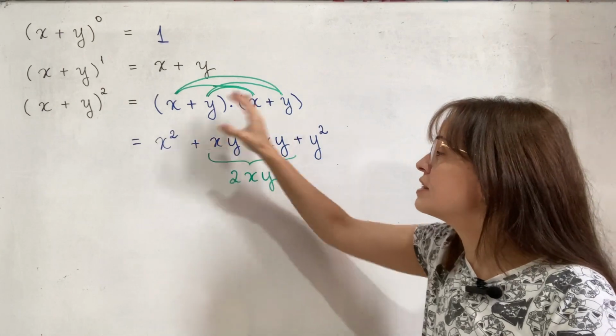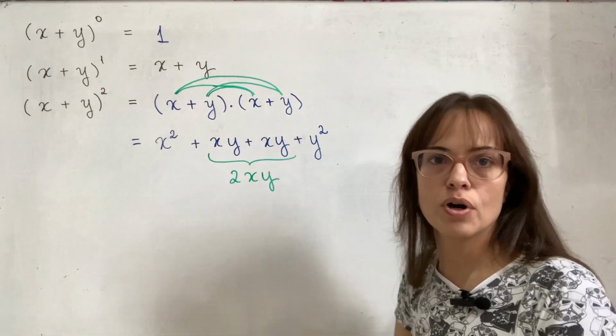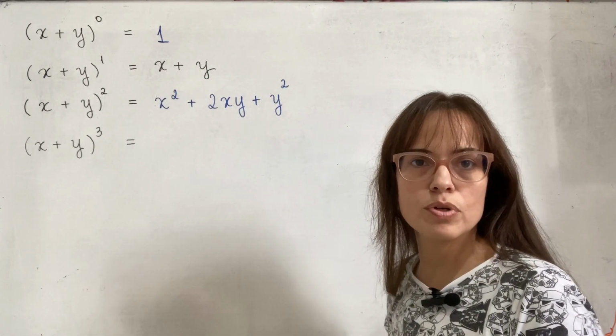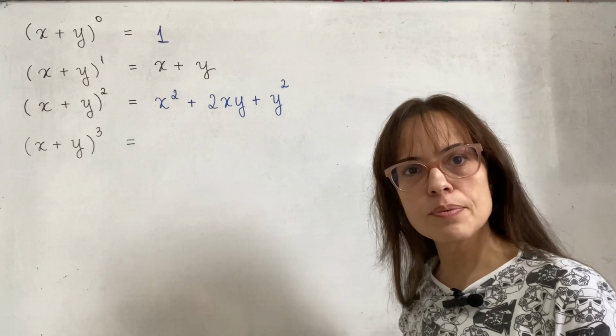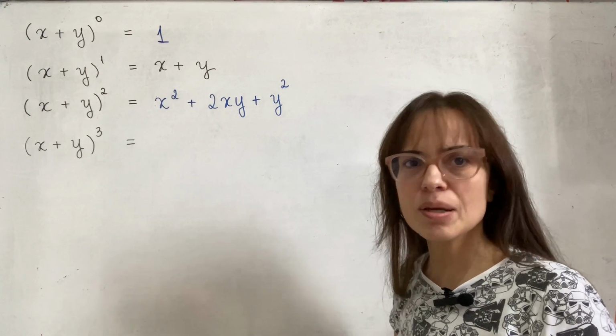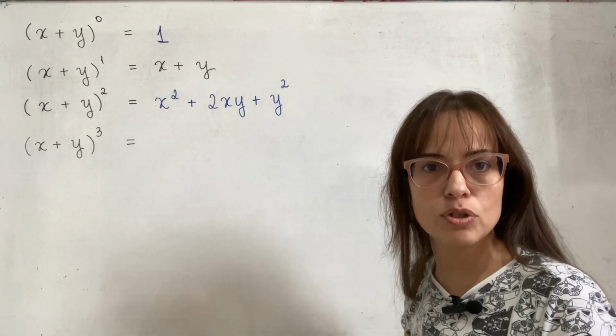I'm going to erase this part now and just leave the answer here because I want to do more lines. The next one that I want you to do is x plus y to the power of 3, which is not something that a lot of people know by heart. And I'm not suggesting that you should, okay? If you memorize it, fine, but you don't have to.